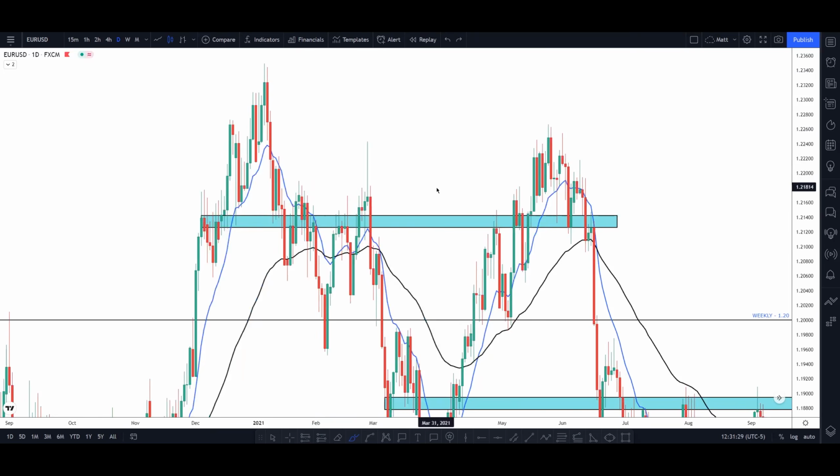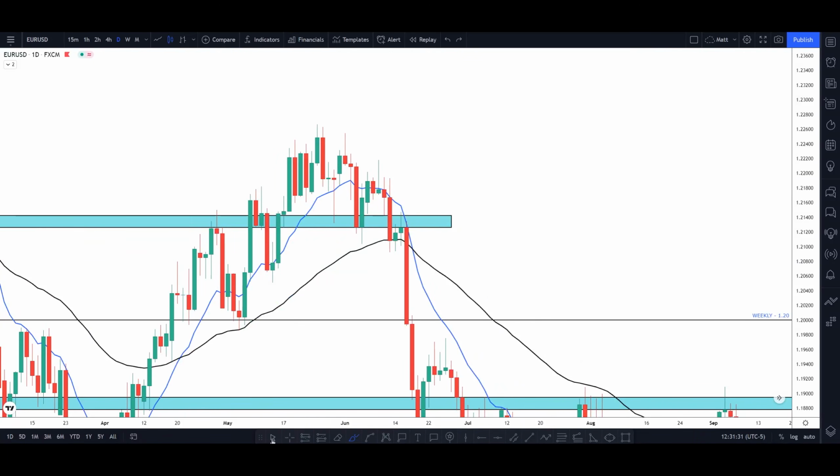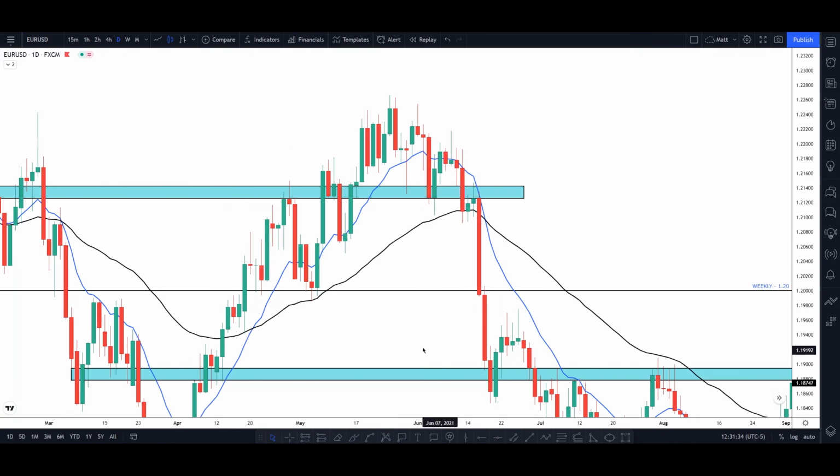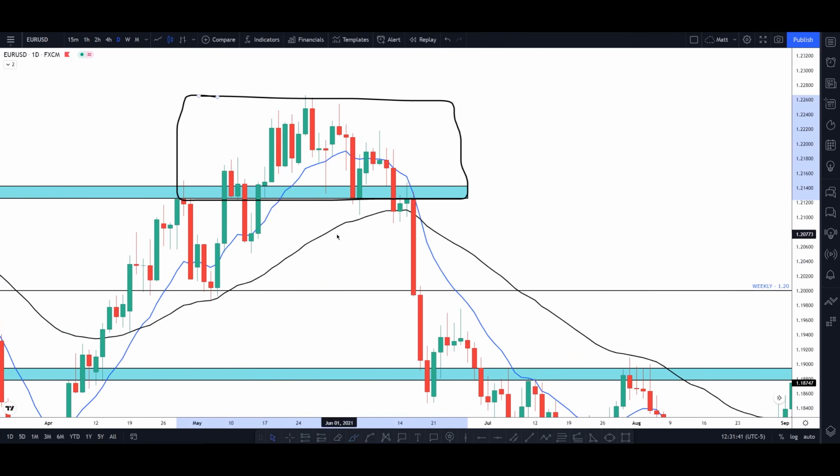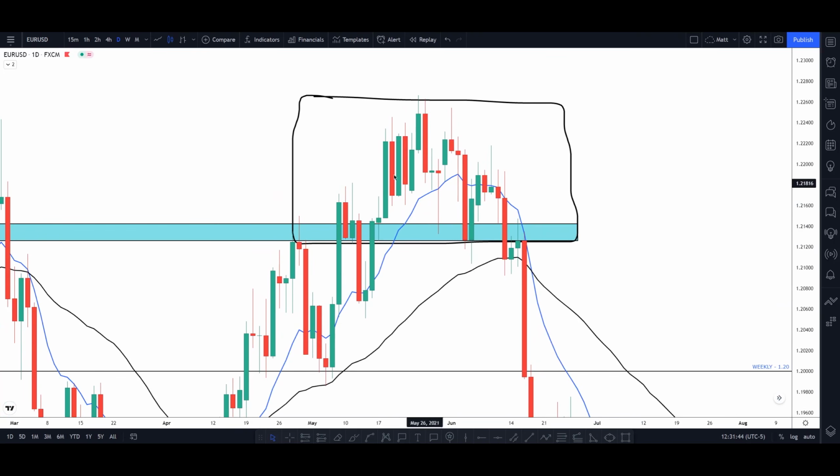So it's important that you look at the higher market structure as well as what's going on the lower time frames. But anyways, if you were looking for an entry, the best time to enter would have been to wait and see if price action breaks out of this range and it retests it and it shows you a sign of a rejection. This is perhaps where you would be looking to enter a sell position.